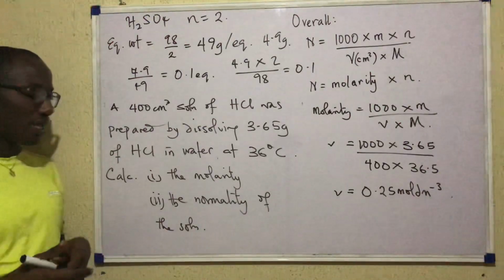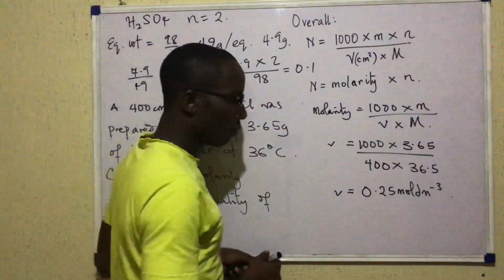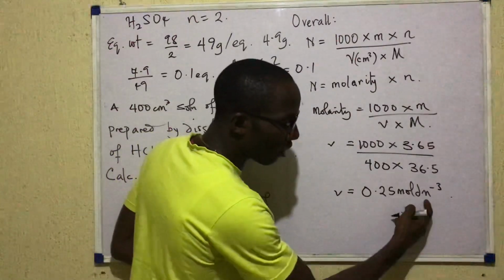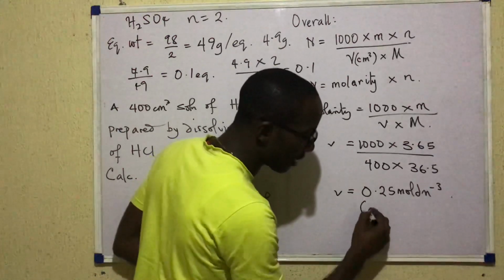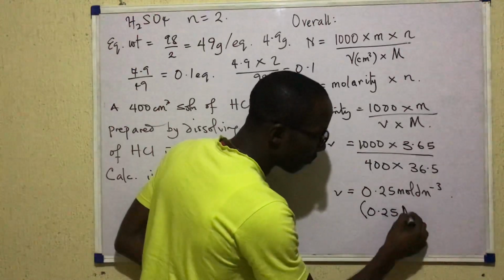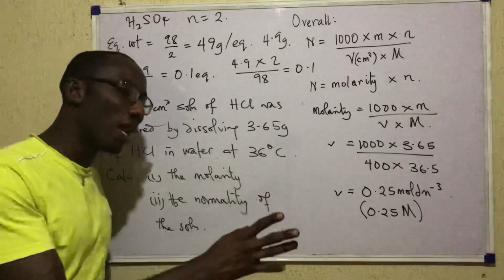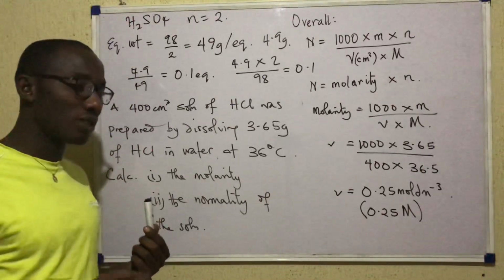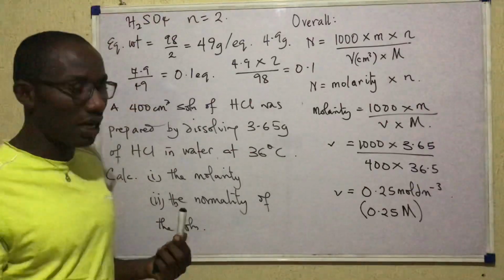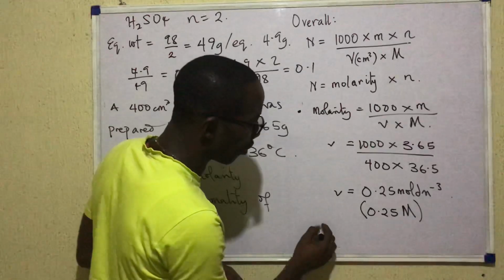Now, how do I get the normality? Just before then, this 0.25 moles per dm³, I could write it as 0.25 capital M. That capital M is pronounced molar, unlike the small m that we saw in the previous video, which was molal for molality. So, second part of this question, normality.